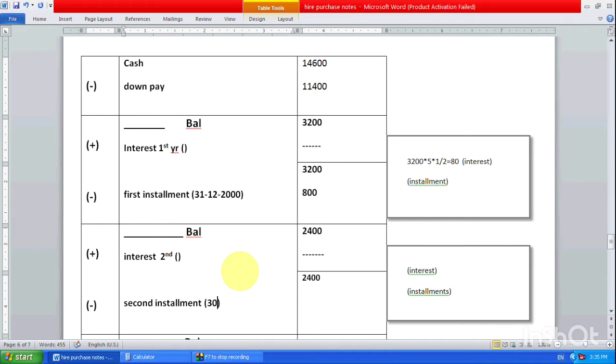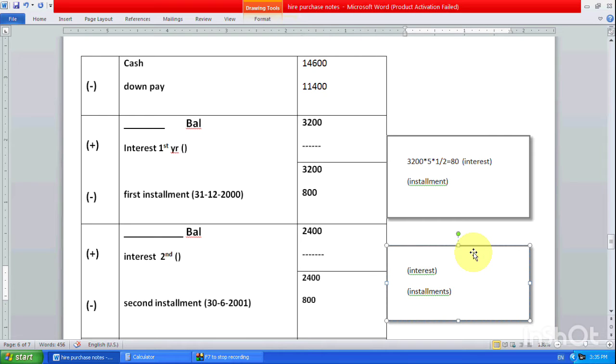Now the second installment, 30 June 2001. The second installment is 800. Let's calculate the interest for the second installment: 2,400 into 5% into 1 divided by 2.